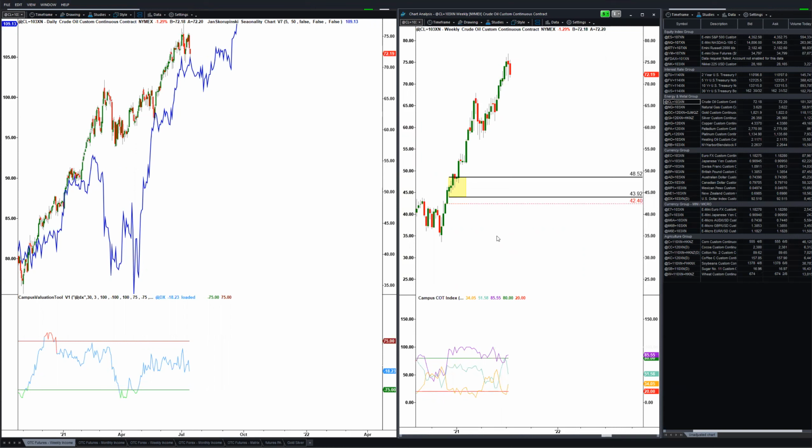So crude oil is very simple, right? What's the tick value on crude oil? Who can find out what's the tick value on the normal crude oil contract?